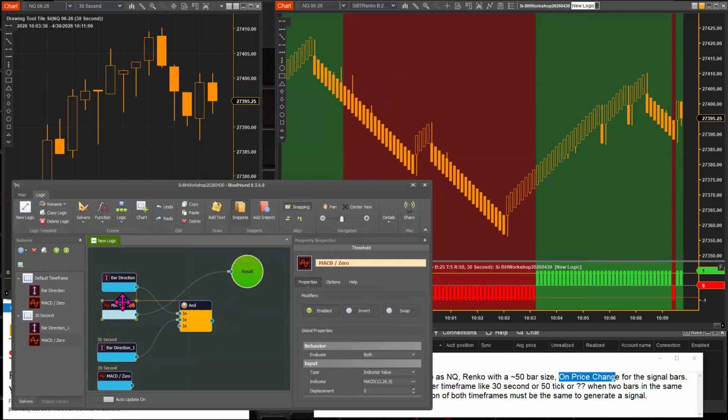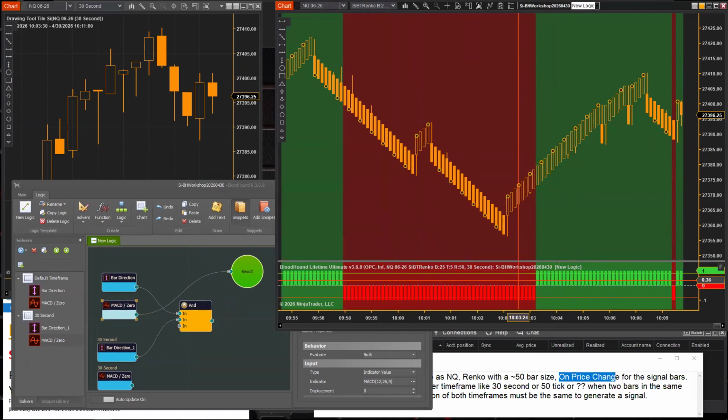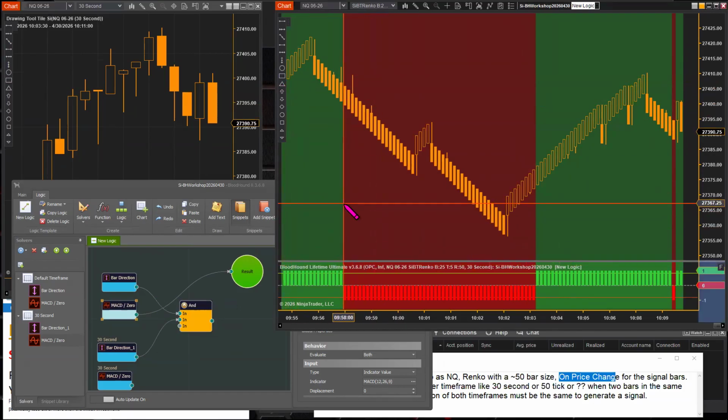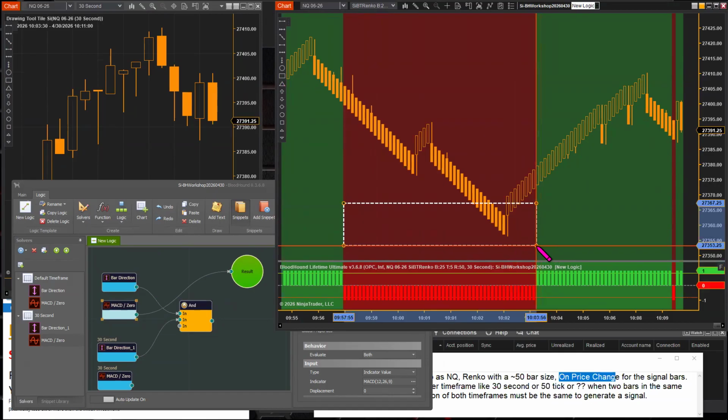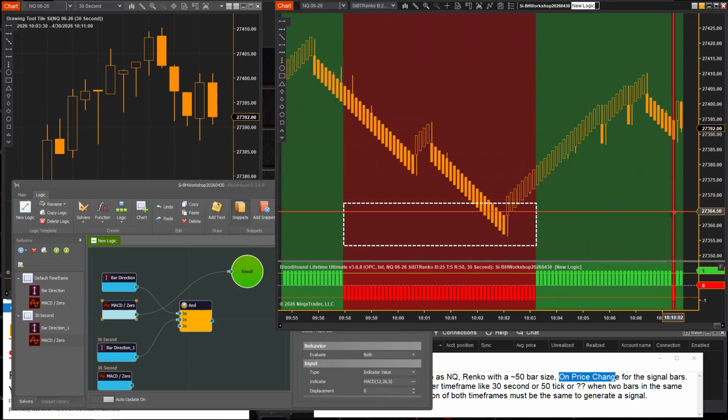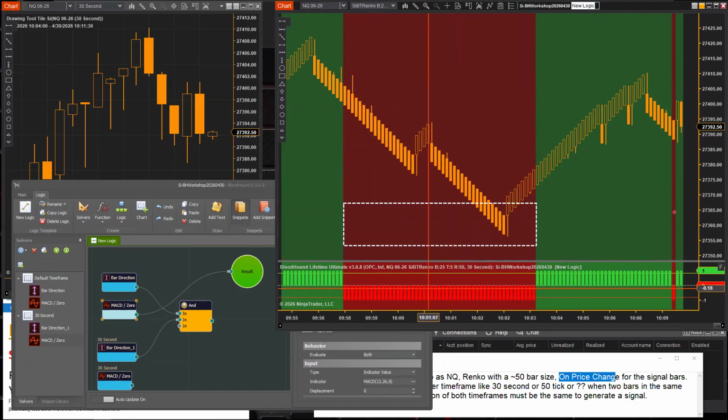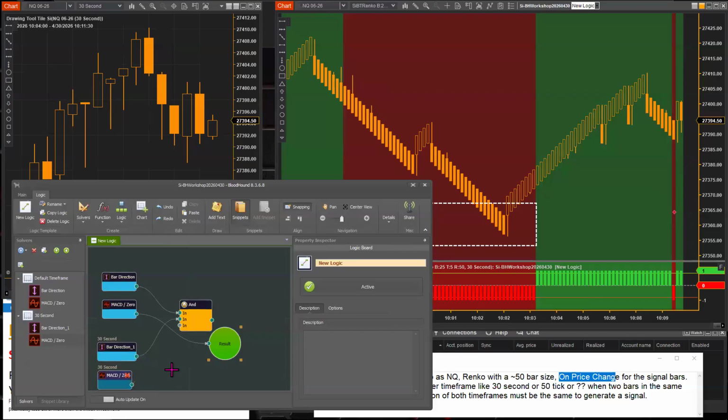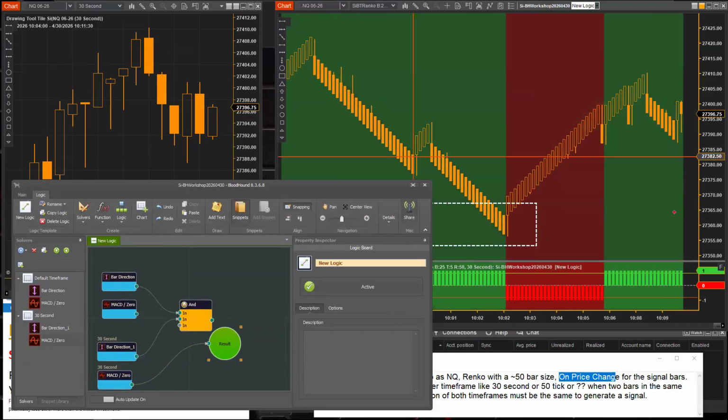All right, so we're looking at the MACD on the Renko chart here. And there, I'll just mark the short outputs there, and now let's take a look at the MACD on the 30-second chart.